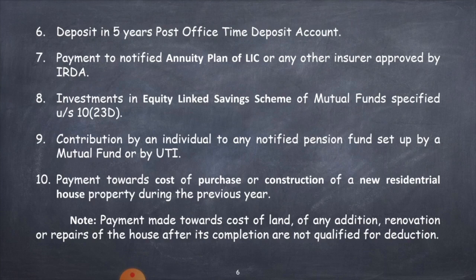Next point is any payment made by an individual or HUF towards the cost of the purchase or construction of a new residential house property during the previous year. Individual or HUF can claim the cost of purchase or construction of new residential house property.